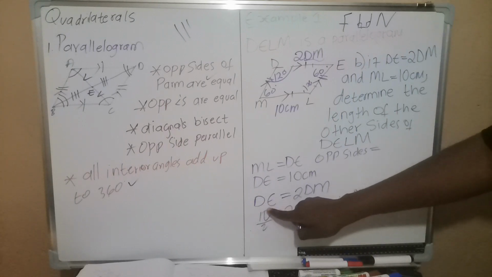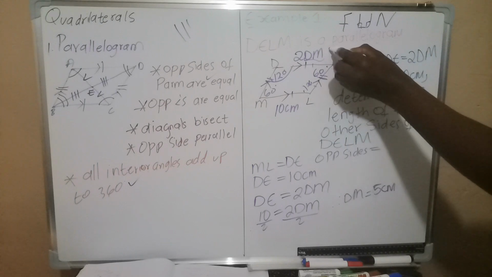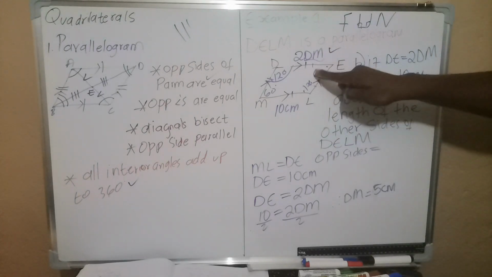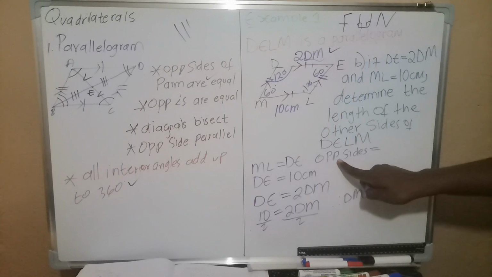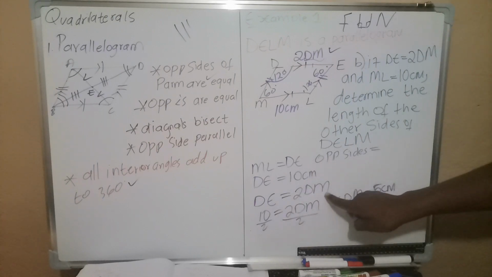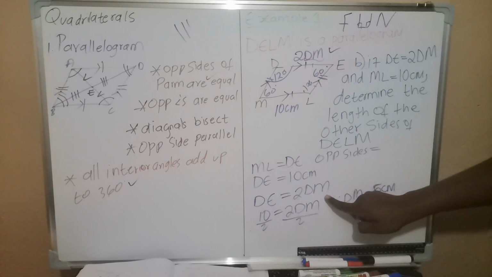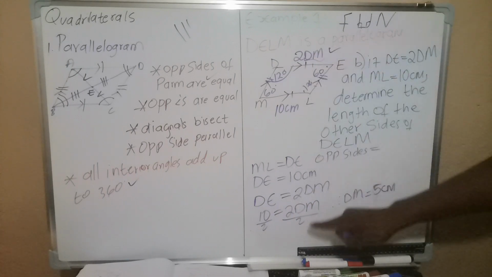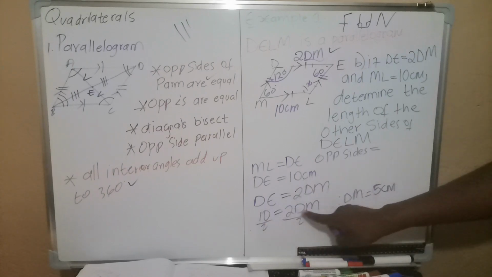DE, this length, is equal to this. Therefore I can find DM by saying I found DE, which is 10, and DE is equal to 2 times DM, as the diagram says. While the side DE is 10 centimeters, here's my 10 equal to 2 times DM.